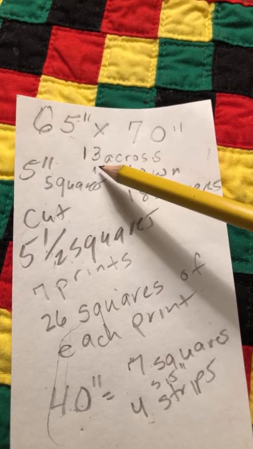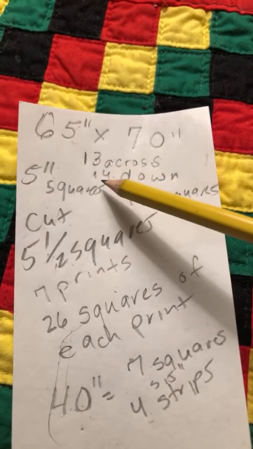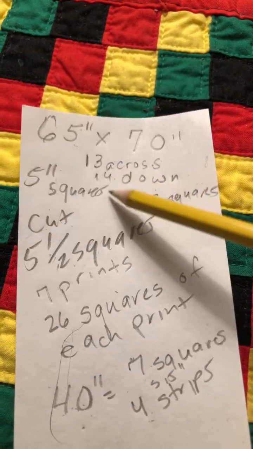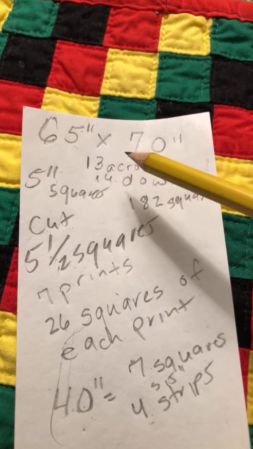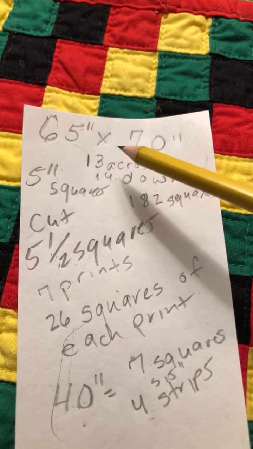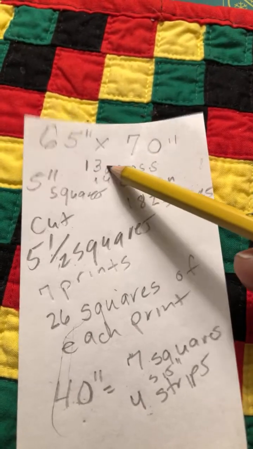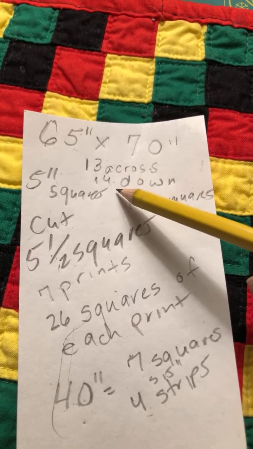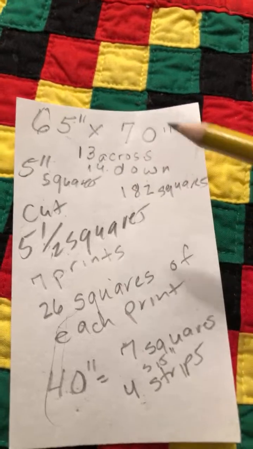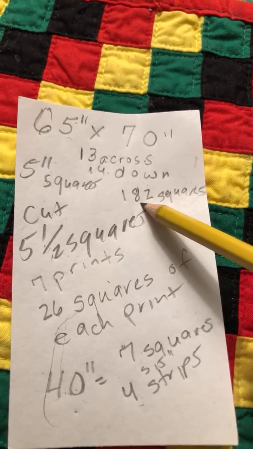Then you multiply the amount of squares going across times the amount of squares going down. In order to determine how many squares you need to cut for the quilt, you multiply the squares going across, which for this quilt is 13, times the squares going down, which for this quilt was 14. So we came out with needing 182 squares.